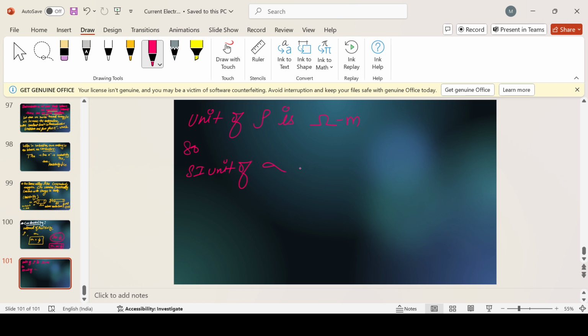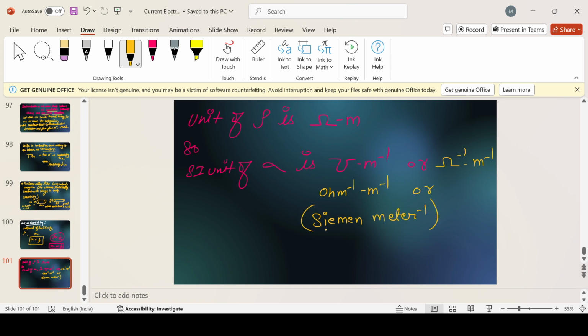of conductivity, what will it be? It will be ohm inverse meter inverse, which can also be written in many ways: ohm inverse meter inverse, or with the name, Siemens per meter.